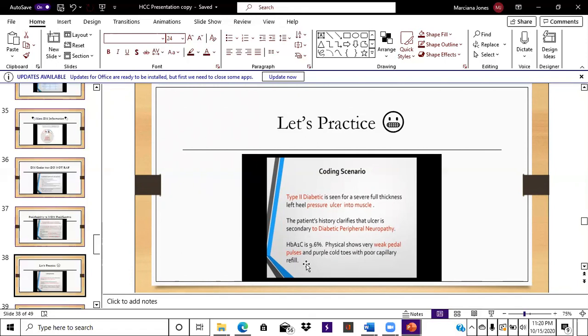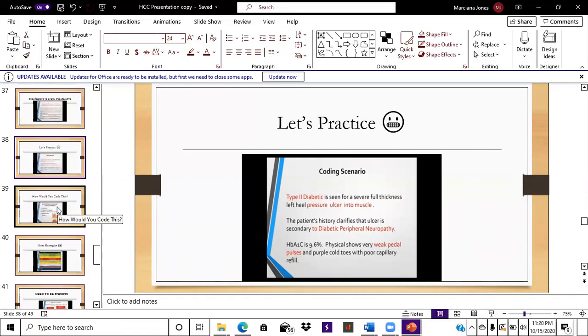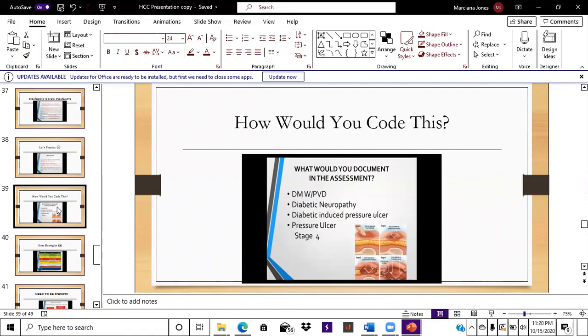So, type 2, again, seen for full thickness, left heel pressure ulcer into muscle. You see how the red is highlighted? These are your diagnoses. So how would you code this?